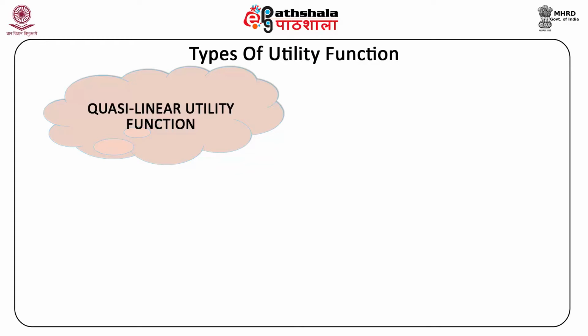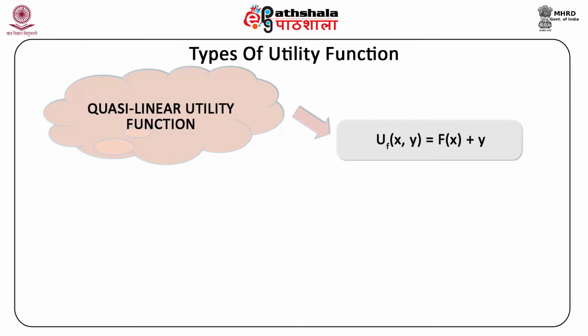Second type of utility function is the quasi-linear utility function. A quasi-linear utility function has the following functional form, that is UF of X, Y is equal to F of X plus Y, where F of X is some non-linear function of x.